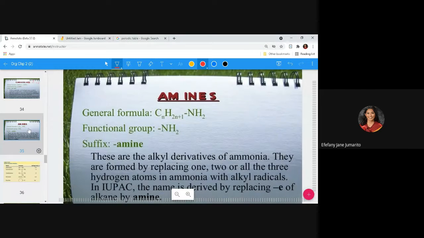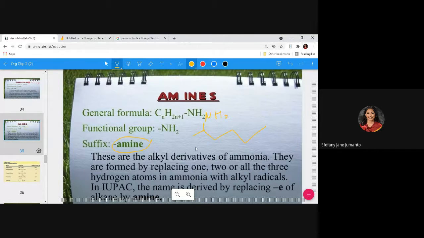Now, if we have our amine, for our amine, we have amine as a suffix at the end. Now, if we have this one class, 1, 2, 3, 4, 5, then we have amines here. NH2. When you see NH2 class, that is an amine.